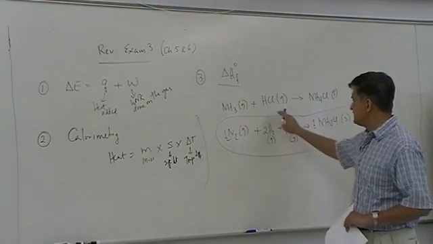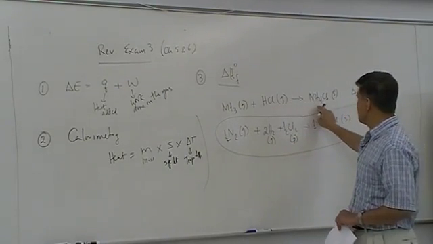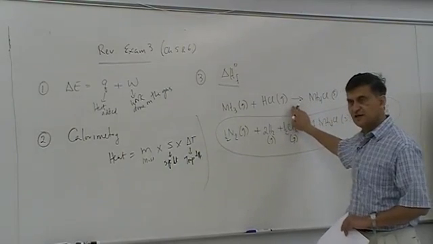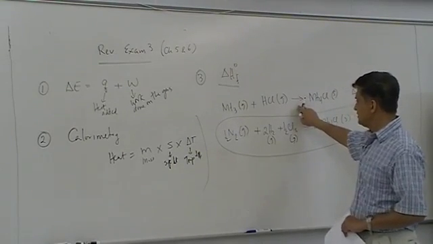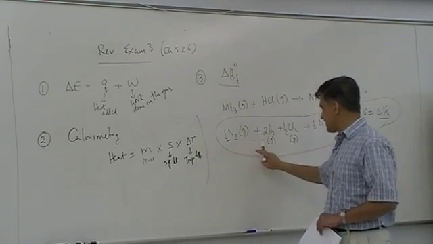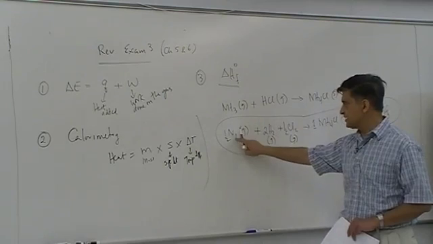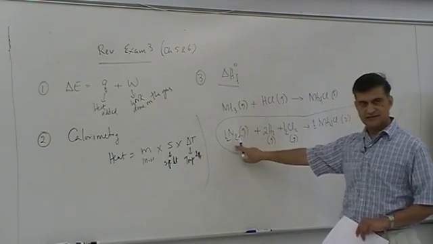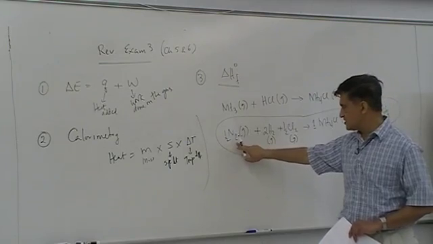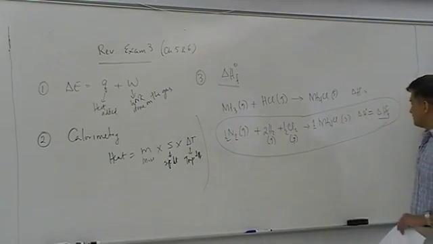So keep that in mind. Even though the other is also a right reaction that gives ammonium chloride, it doesn't give the heat of formation. In order to get the heat of formation, you have to pay attention to what makes that compound. The reactants will have to be in the form of elements under standard state. Under standard state, nitrogen is not N, it's N2, hydrogen is H2, and Cl2.